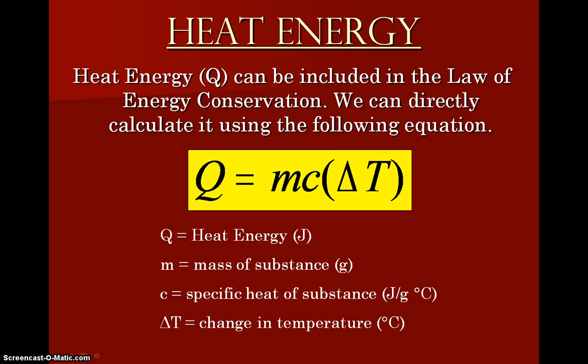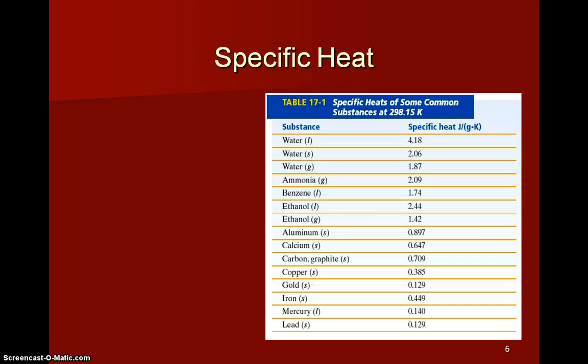Essentially what that means is how easily will something change its temperature. We know that metals can heat up really quick and cool down really fast, whereas water, it takes a lot more energy to heat it up or a lot more time to let it cool down. And then ΔT is the change in the temperature. So the heat energy needed to change some mass by some degree, or change in temperature. And we'll do some examples with this.